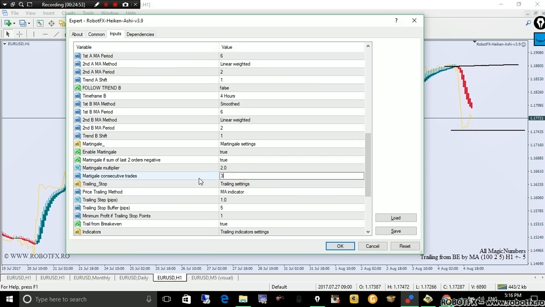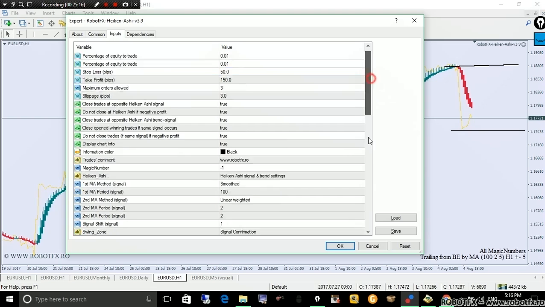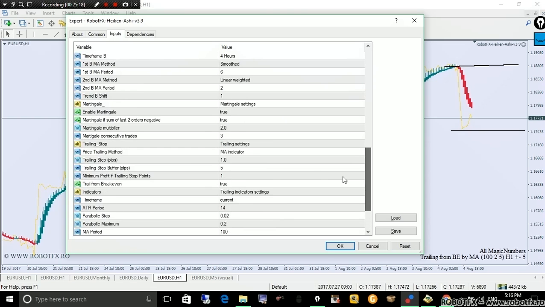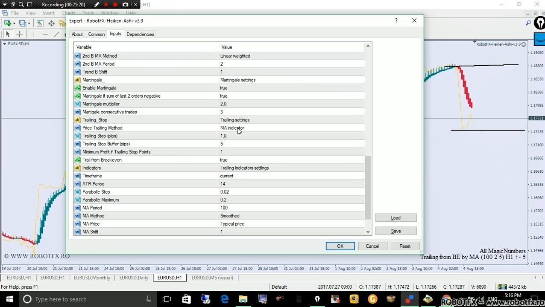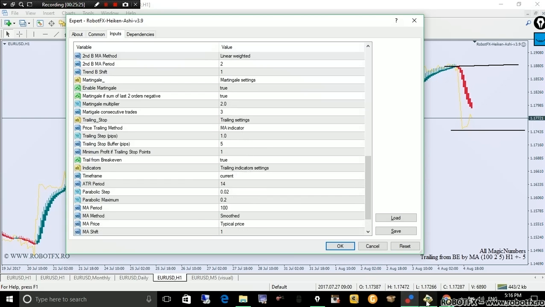So we are losing one trade, we are losing the second one by martingaling, we are using the third one by martingale, and we martingale again the third time and the last time, and if we lose this one as well, then the expert advisor will resume with the initial lot size, which is either given by the lot size management or by the fixed lot size. And that was Martingale.